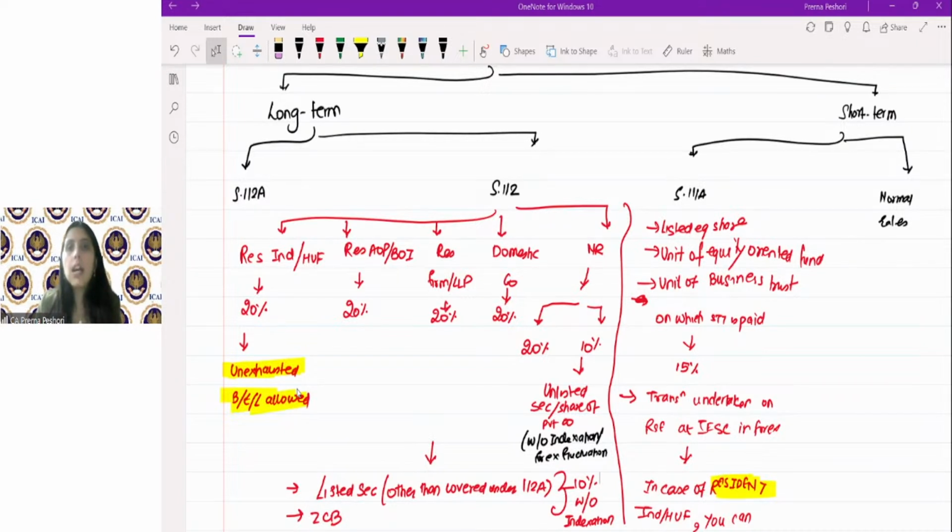Now, last one thing we would want to cover is capital gain vis-a-vis the business income. So, when can we say that the income is taxable under the head capital gain or under business income? There has been a circular with respect to that. You can write it down.